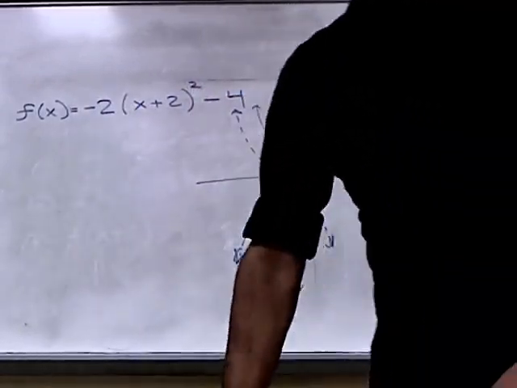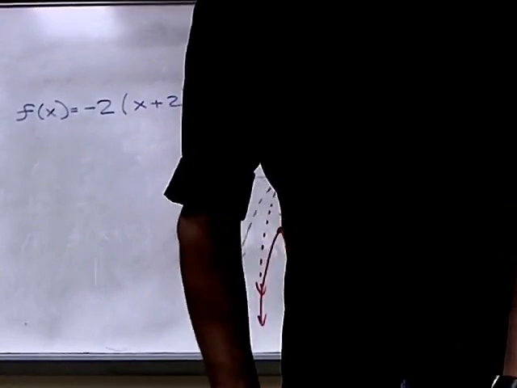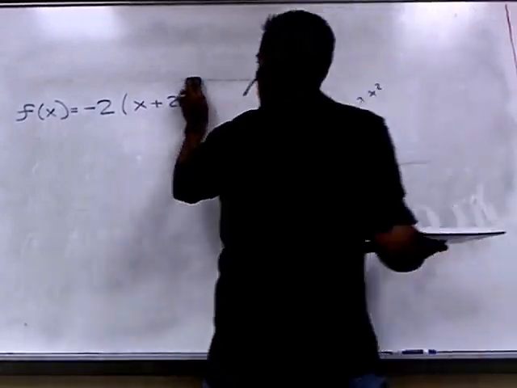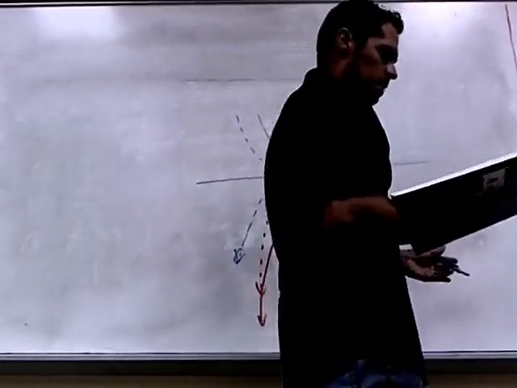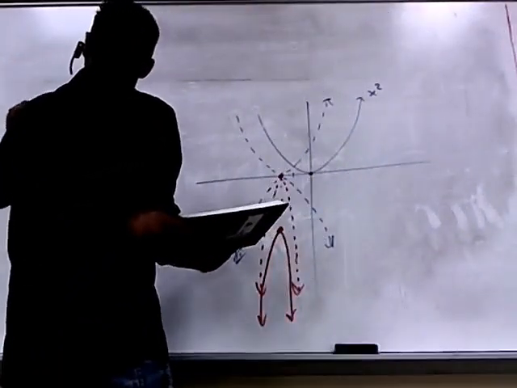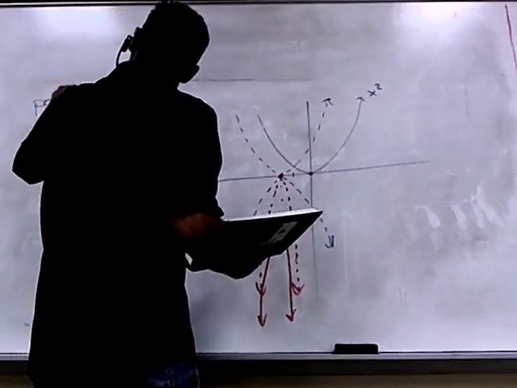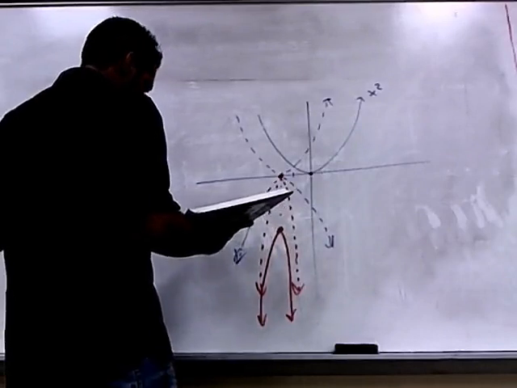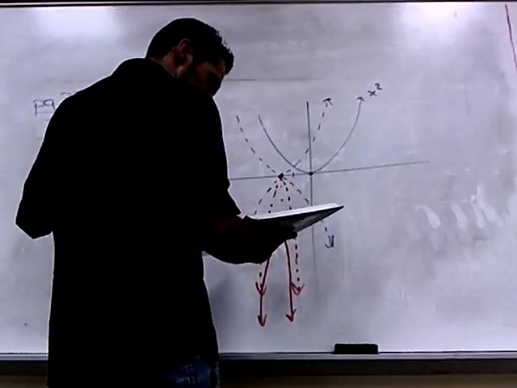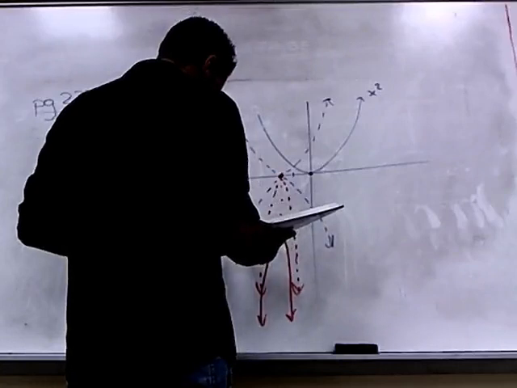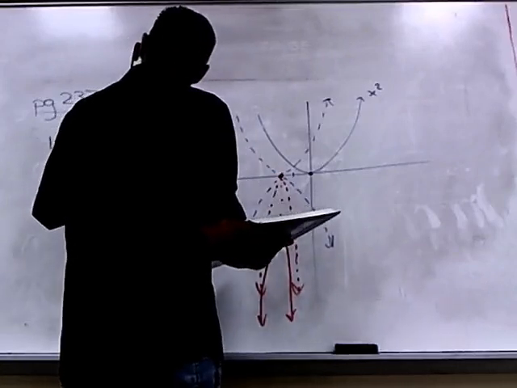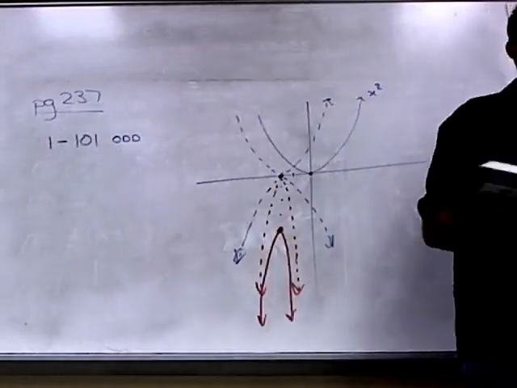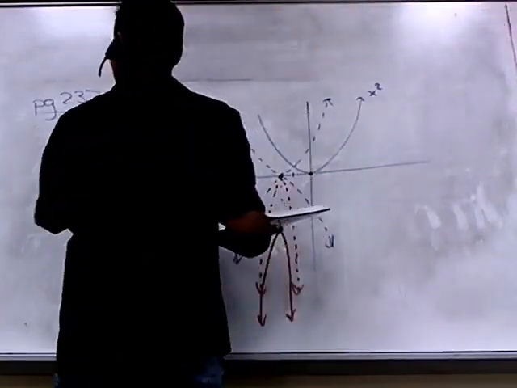Okay, homework for this. Page 237. We're going to do 1 through 101 odd. I'm just kidding. I wouldn't do that to you. Hold on.